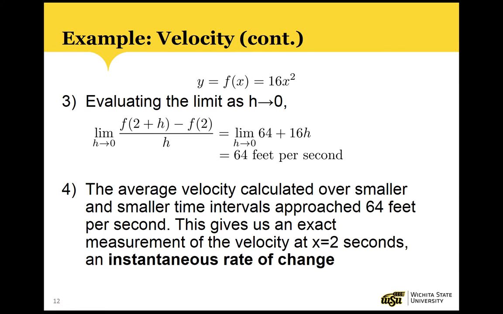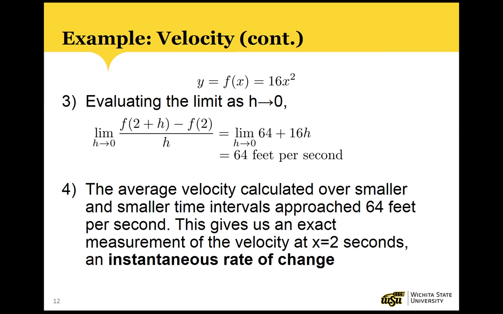We can now take the limit as h goes to 0. We have the limit of our difference quotient, which we know from the previous slide is the limit as h goes to 0 of 64 plus 16 times h. Since this is just a polynomial function, I can plug in h equals 0, and we see that the rate of descent is 64 feet per second.